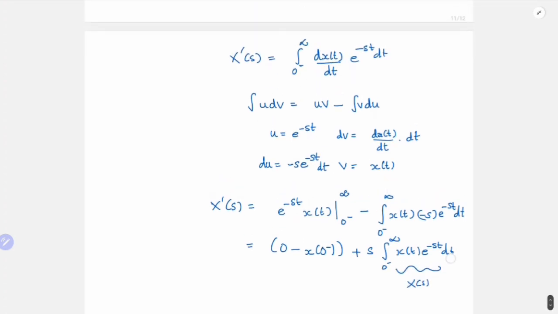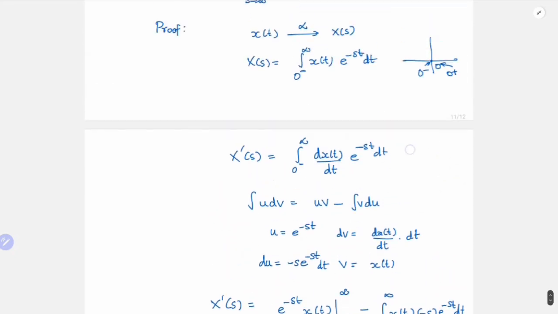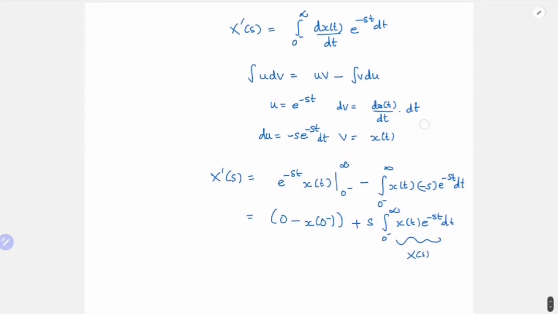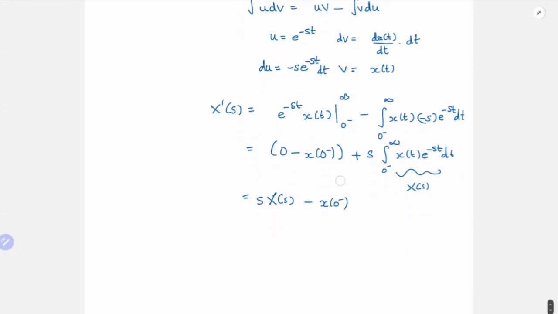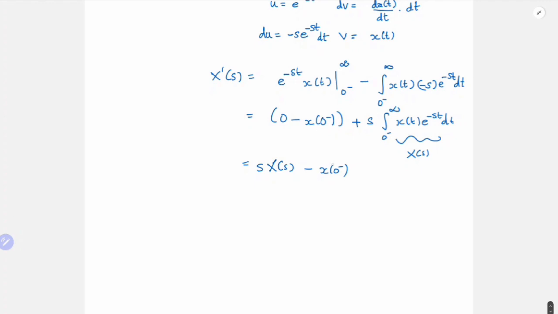If you see, here it is X of s, right? So my Laplace transform of x prime of t is nothing but s X of s minus x of 0 minus. So if a signal is starting from 0, you need to also include this initial condition.